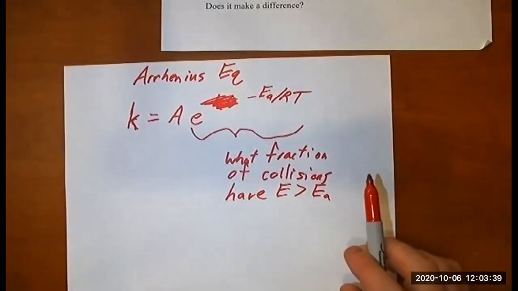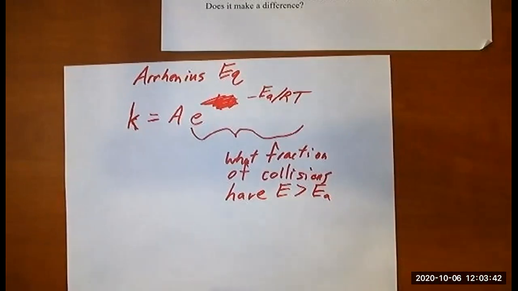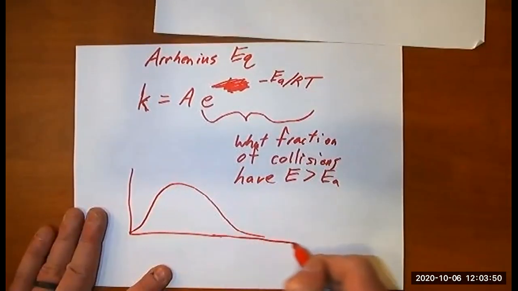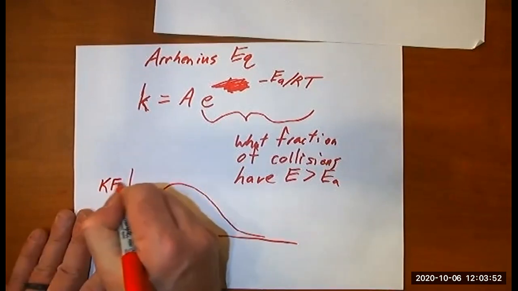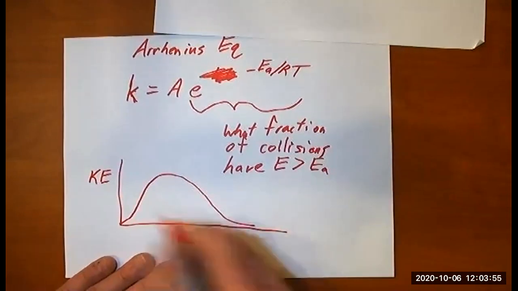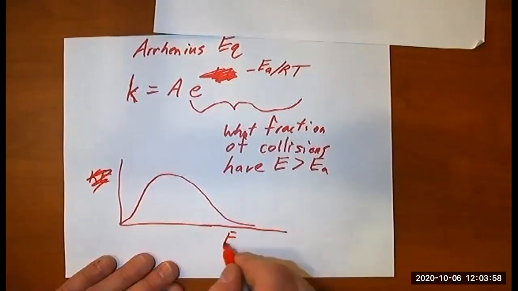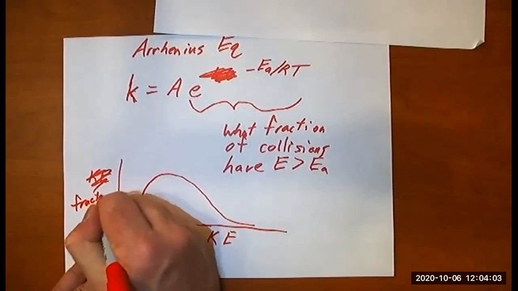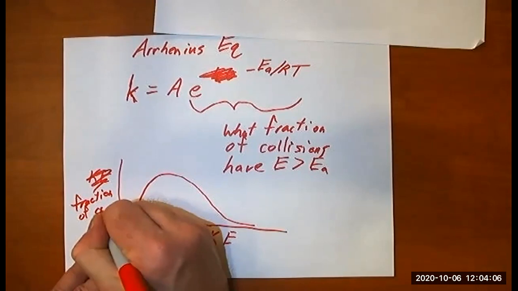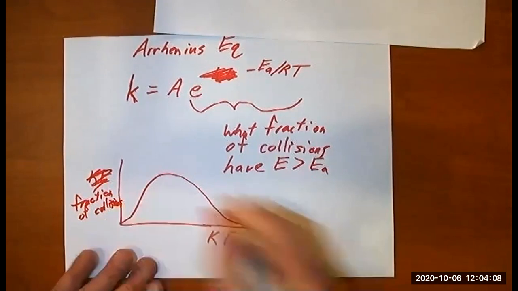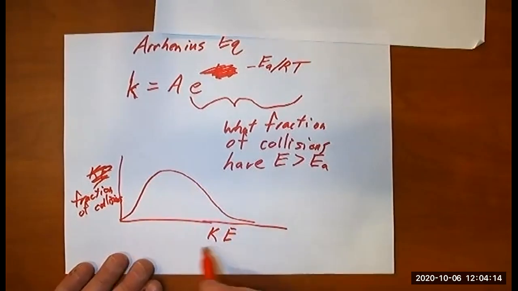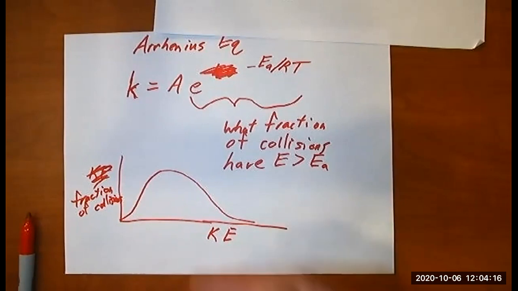You may remember that we talked about the kinetic energy distribution at a given temperature as having some spread. This is the fraction of the collisions versus kinetic energy, and this curve is set at a given temperature. At a different temperature, you will have a different curve.